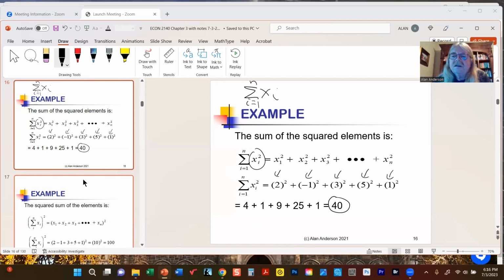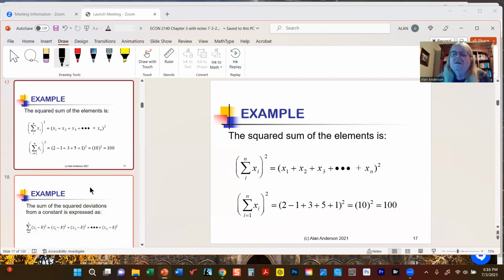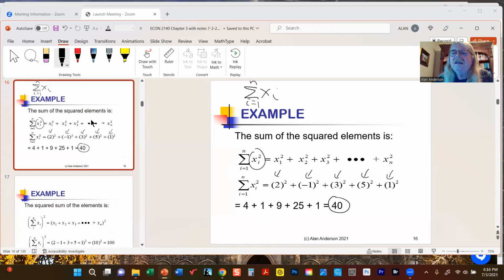Now, here's another thing we could do with this summation operator. What if we have a formula that requires the following? We need to add up all the terms in our sample and then square the result. So you can see the difference here. In the previous slide, we square, then add.